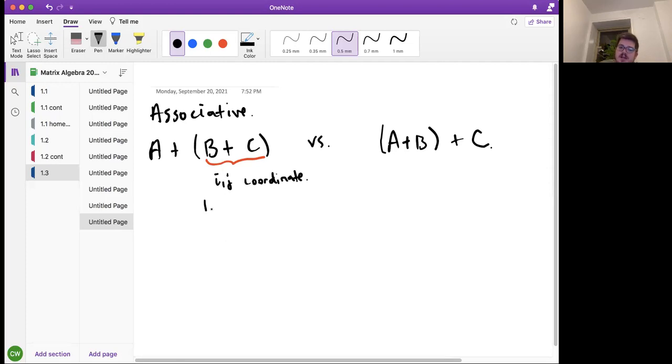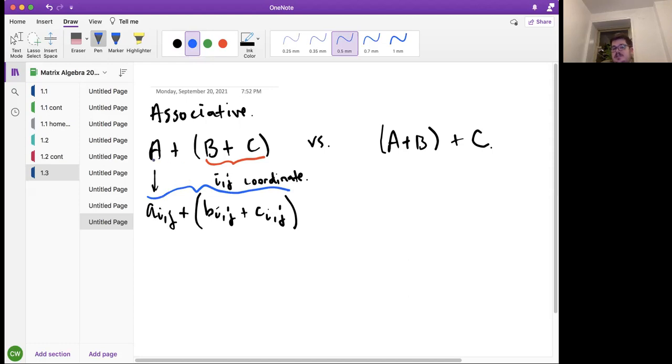Yeah, just Bij plus Cij. Now we're taking this and adding A to it, so what you would add here is Aij. So in aggregate, this is the addition of the two matrices, A plus the B plus C.